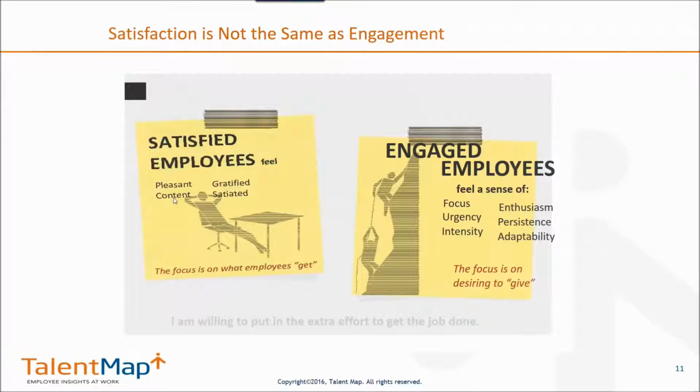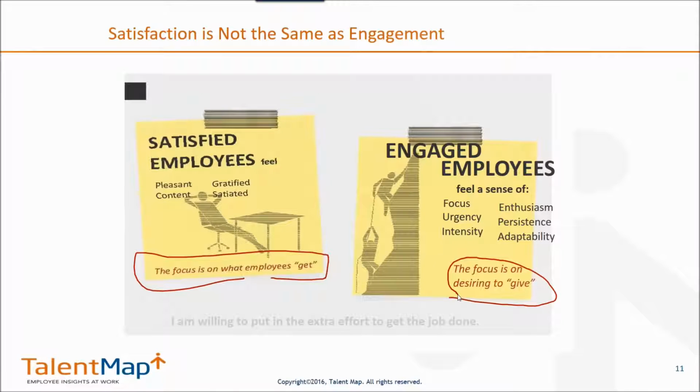I'm going to quickly touch on satisfaction and engagement. I know some of you are familiar with these concepts, but bear with me for a minute. When you measure engagement, it is very different from job satisfaction. Job satisfaction is a good measure, but it really focuses on what the employee gets. What's in it for me as an employee? Whereas engagement is focused much more on what the employee is willing to give back.